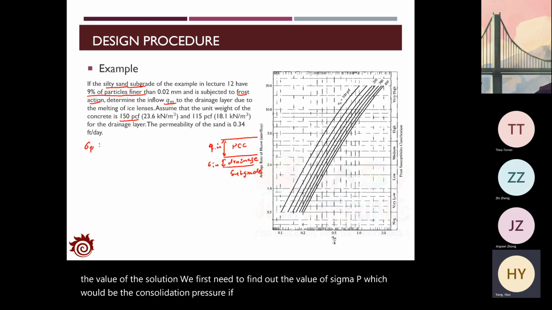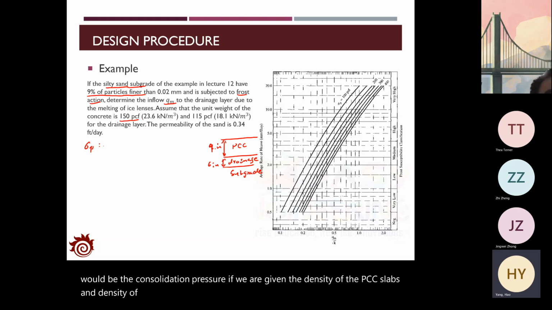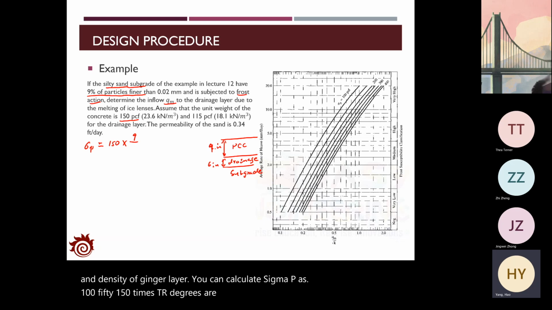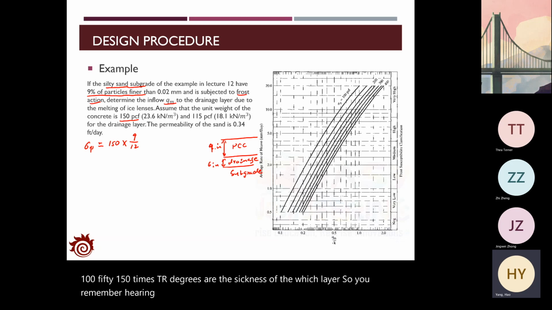Given the density of the PCC slab and the density of the drainage layer, you can calculate sigma P as 150 times the thickness of each layer. You remember you have to convert the thickness to feet.